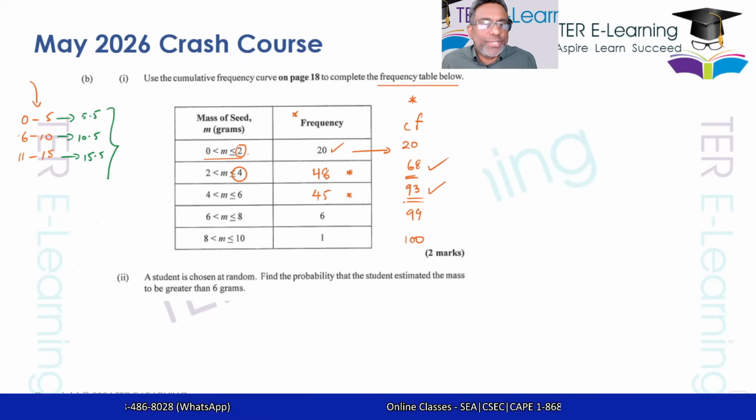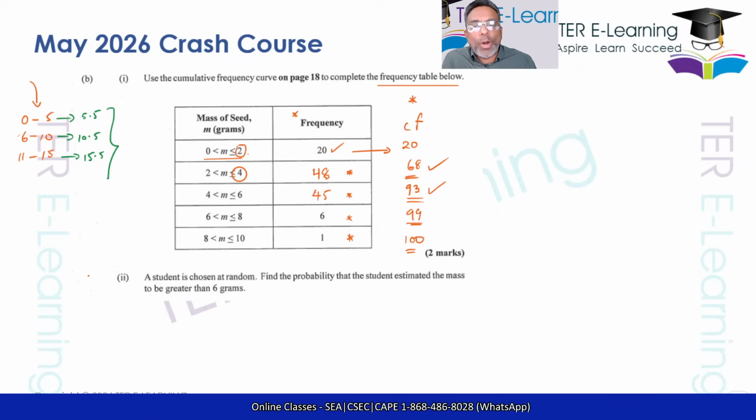When I'm at 93, you have 6 more being added, so this 99 makes sense. When I jump to the next row, you have 1 more being added, so you get 100. So this is what your frequency looks like: 20, 48, 45, 6, and 1. And you're getting 2 marks for this.